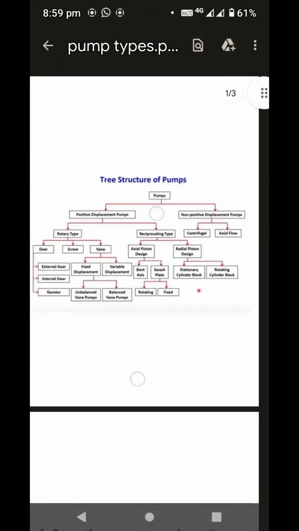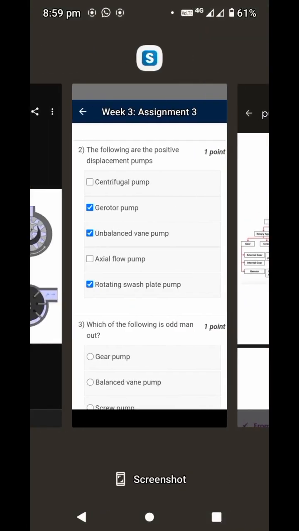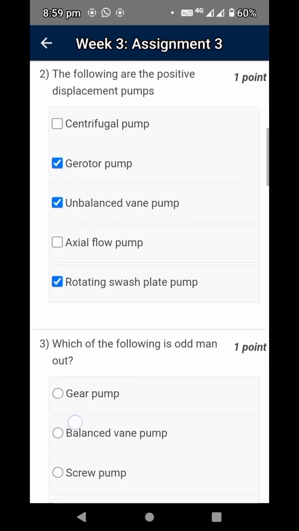Other than that, all the pumps come under positive displacement pumps. So the option with centrifugal and axial pump we can ignore, and all the other options come under positive displacement.